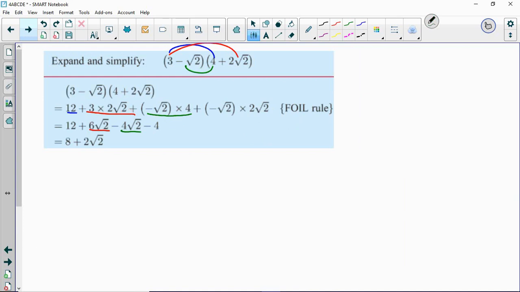And then we can do negative root 2 times 2 root 2. Again, we have a root 2 and a root 2, so they make 2. And 2 times 2 is 4. And then when you combine all the like terms here, I notice that I have constants, 12 minus 4, which is 8. And then 6 root 2 minus 4 root 2 is going to be 2 root 2.